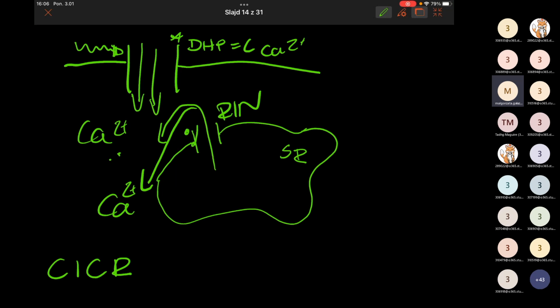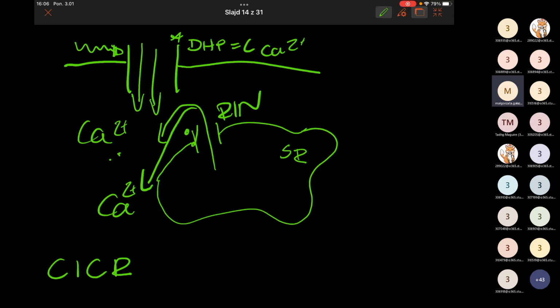As we said during the skeletal muscle physiology, the influx of calcium ions into the cell starts contraction, whereas the removal of calcium ions from the cell is responsible for the relaxation of the muscle cell.